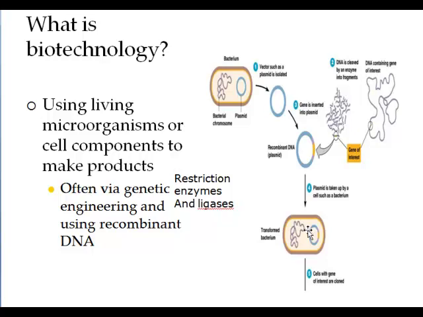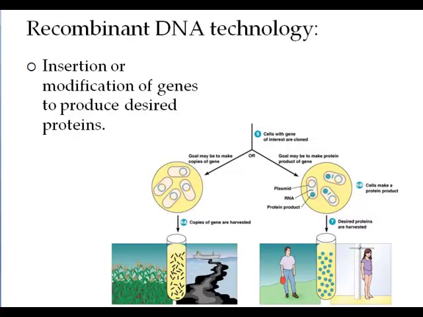So there is a very important component of this biotechnology, which is to make selected genes in a population. Now here is recombinant DNA technology, again showing you how the insertion or modification of genes can produce desired proteins.